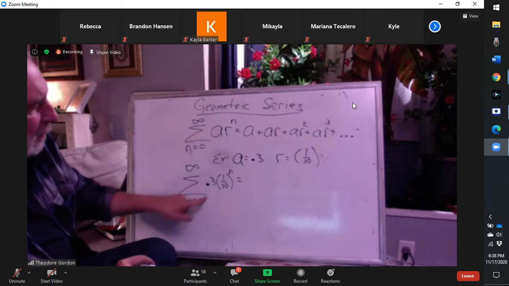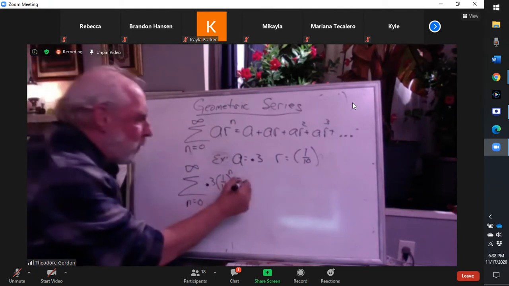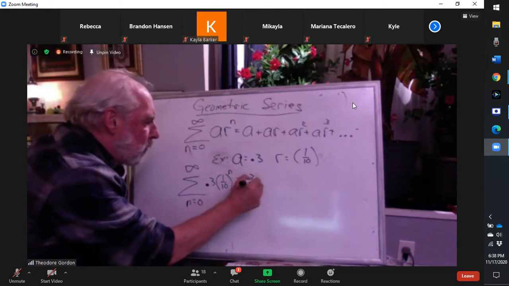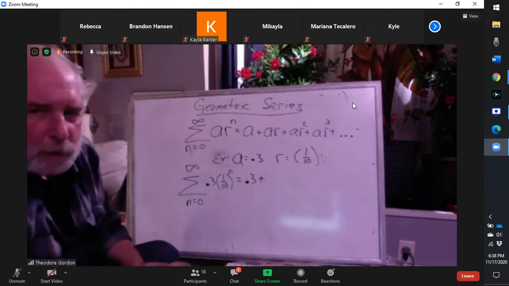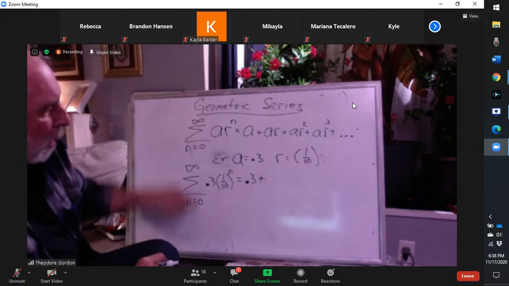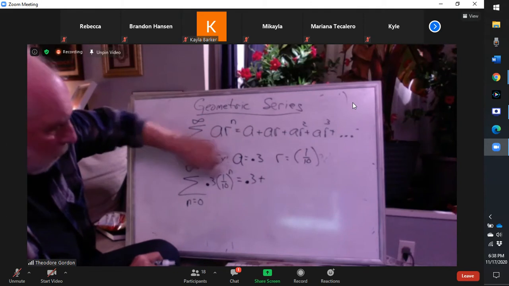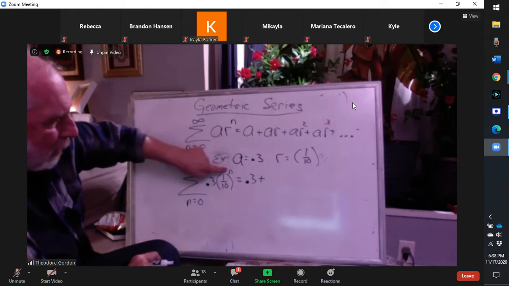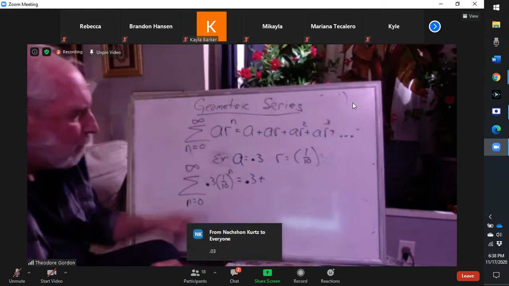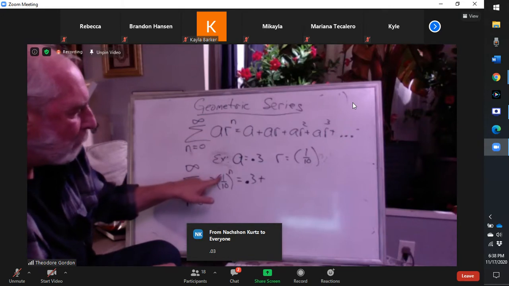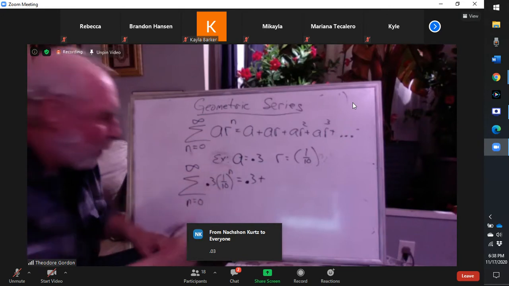When n is 0, 1 over 10 to the 0 is 1. We get 0.3 plus what comes next? We've done n equals 0, so we go to n equals 1. What's the next term? We get 0.3 times 1 over 10 to the first power.